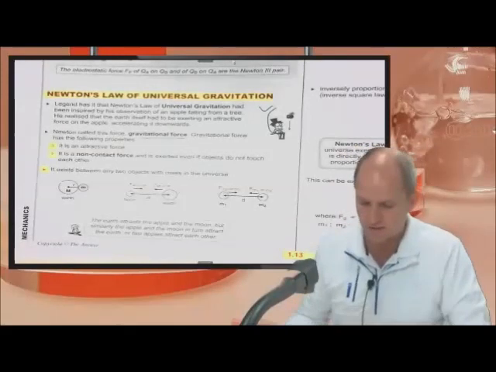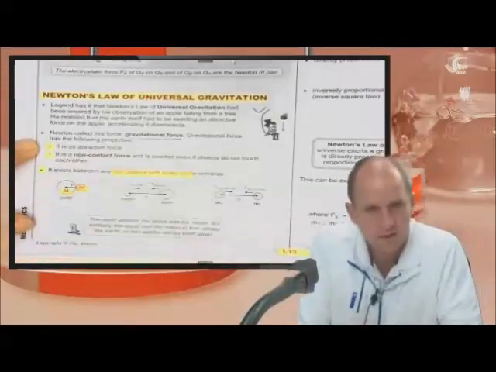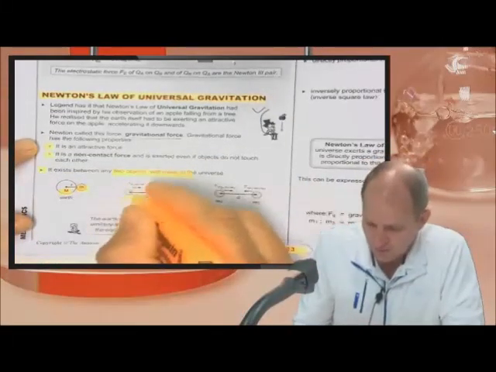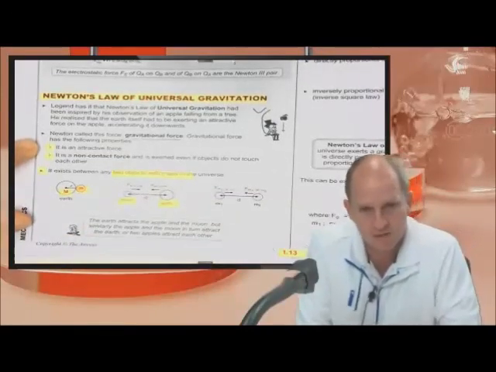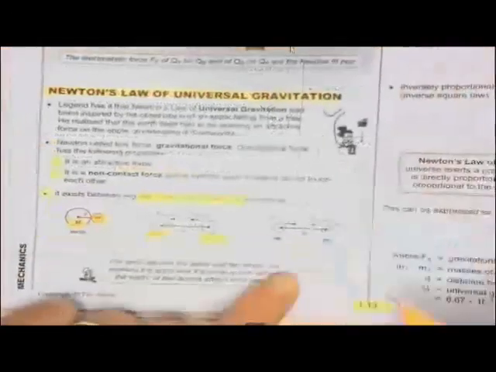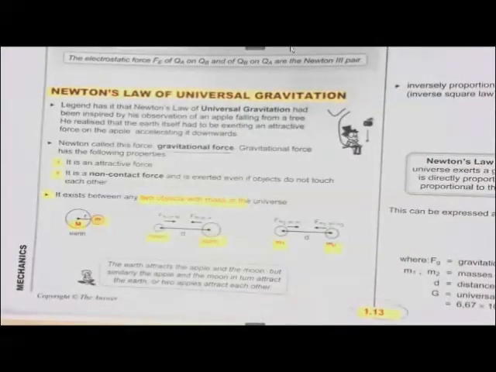That means between you and the Earth, or between the Moon and the Earth, because both of them have mass, there will be this gravitational force. Those are just the examples they are showing there.